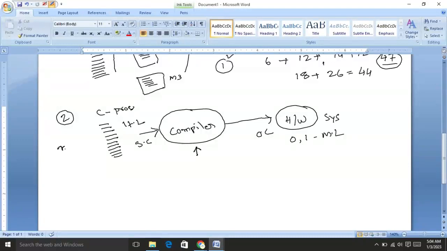How many lines, or lines of code, how lengthy or how big a C program is converted at a stretch from high level language to machine level language? Here we also estimate the capacity of the compiler.